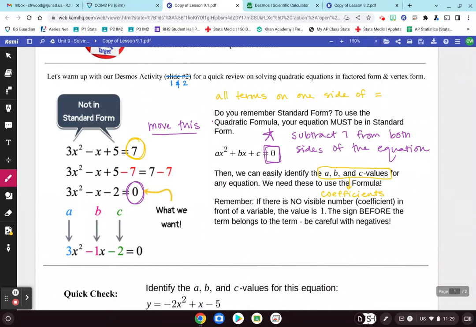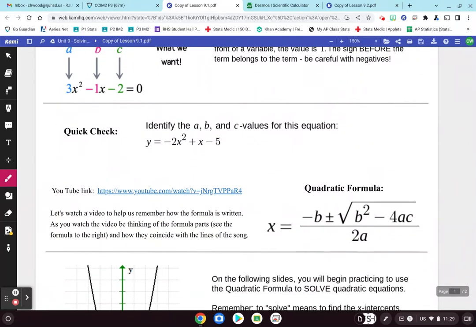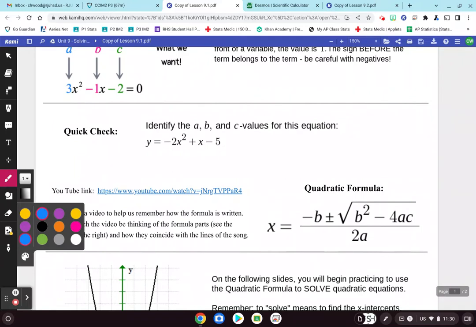I think you are ready to make sure that you understand how to find A, B, and C and what standard form looks like. So before we investigate the actual formula, let's make sure that you can identify your coefficients correctly. We have a quick check here. Identify the A, B, and C values for the equation, and it is exactly as it sounds.